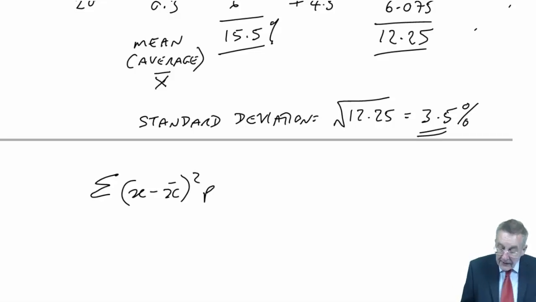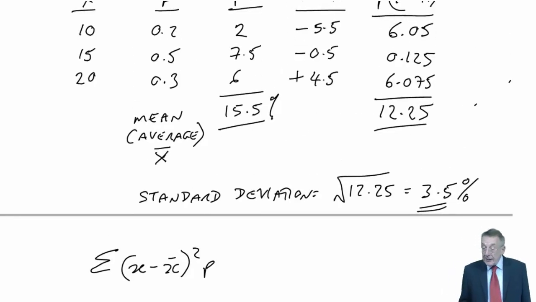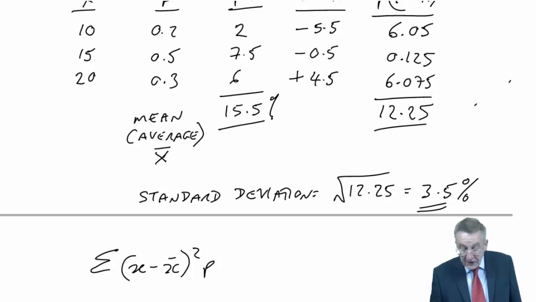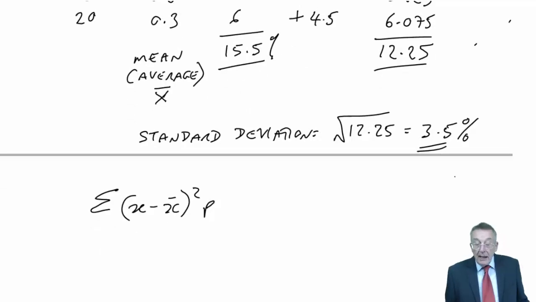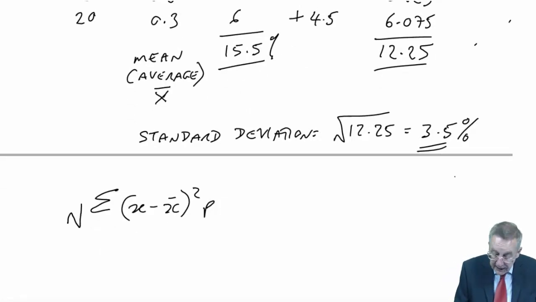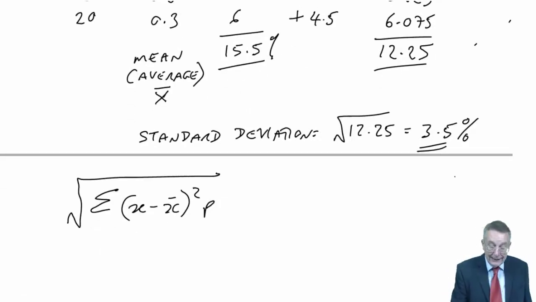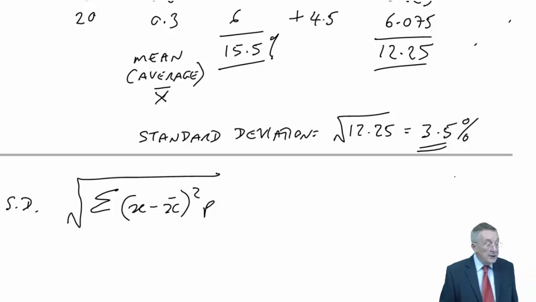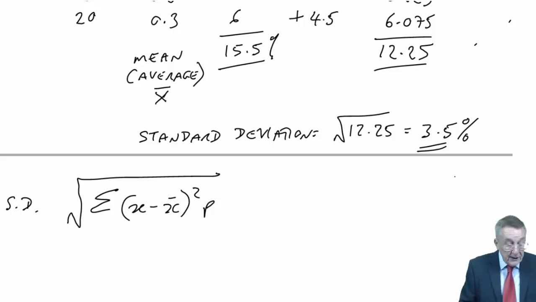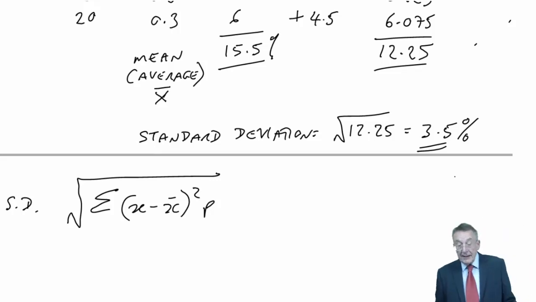We added them up, sigma, to get the average of the squared deviations, so 12.25. And then, for the reasons I just explained, we took the square root. So there we are, the standard deviation. All right, that was easy enough.